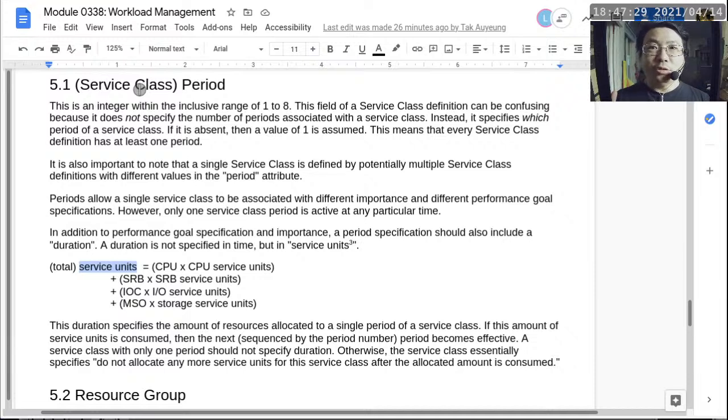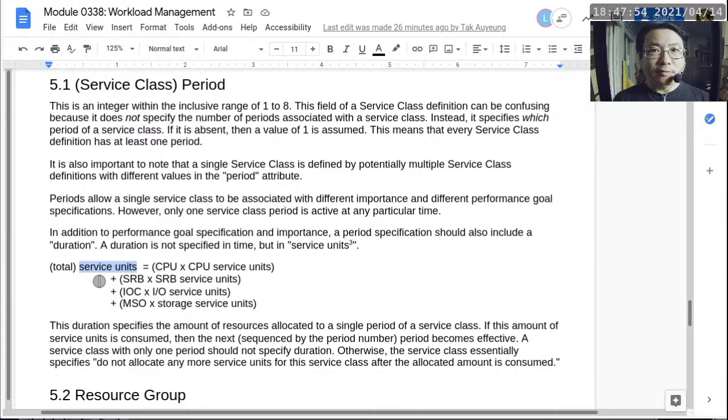I will not do any more requested work of this kind anymore. That doesn't seem to make a lot of sense, right? There are certain service classes that can only have one single service class period. If I remember correctly, IMS is one of those. So in those cases, you do not want to specify the service units here because it doesn't make sense.